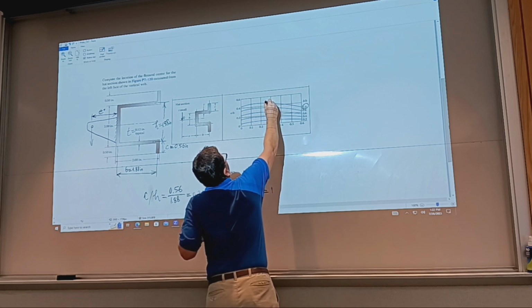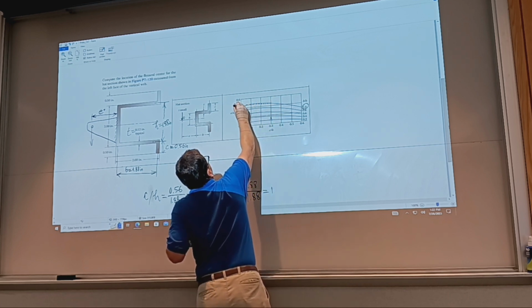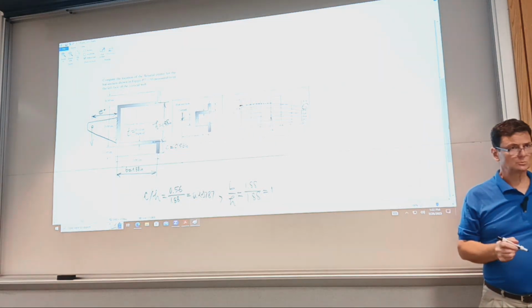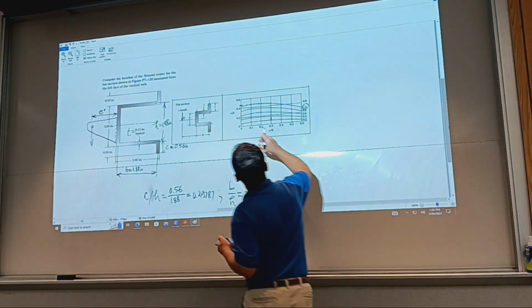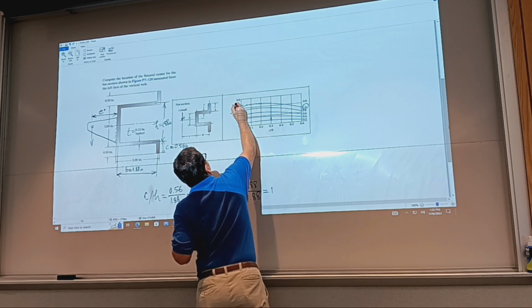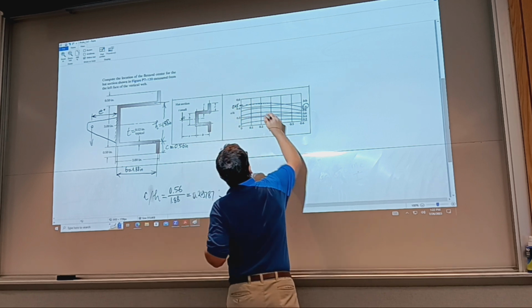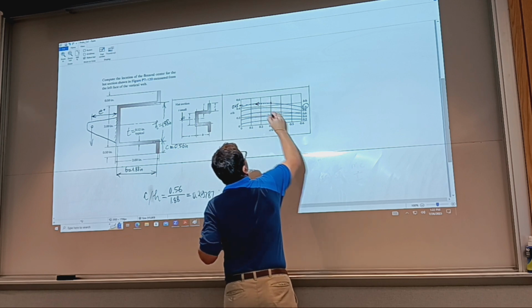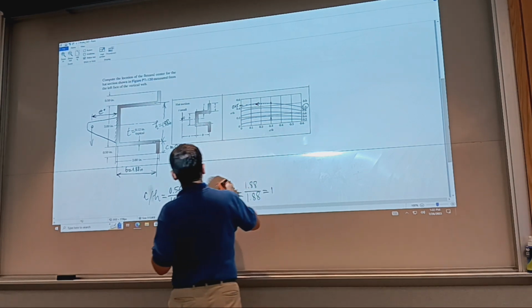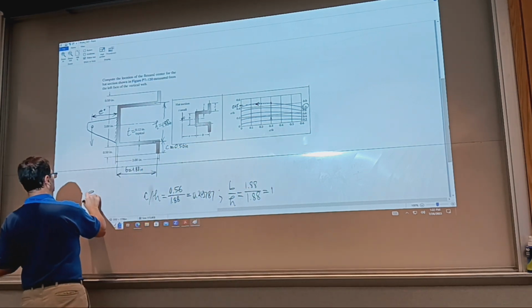I'm trying to get it the best I could, and I'll read there. So 1 unit is this. It could very well be 0.45. Is that right? So 0.45, we have E over H.